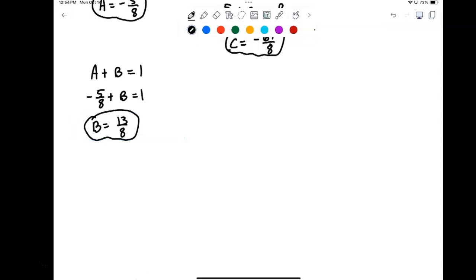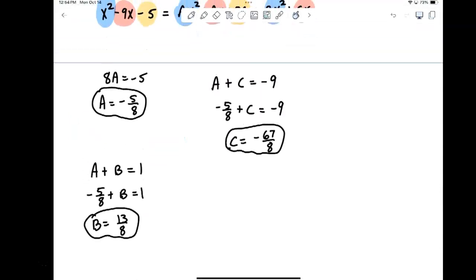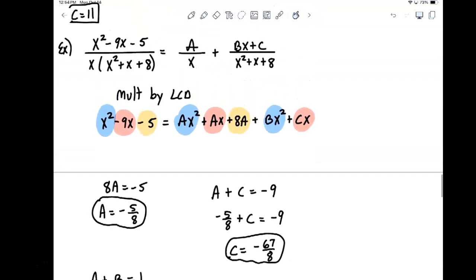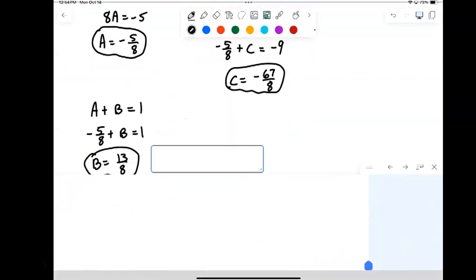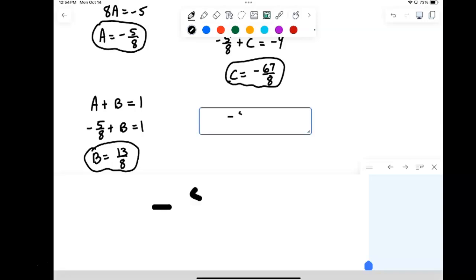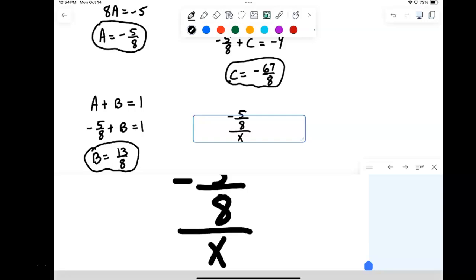So now we just put them back in and may need to do a little bit of housekeeping, a little bit of cleaning up. But other than that, we're ready to pretty much write our answer. Okay, so we go back up here, replace A, B, and C with what we found them to be. And let's just go ahead and do that and see what else we need to do. So A is negative 5/8, so that's going to be negative 5/8 over x.